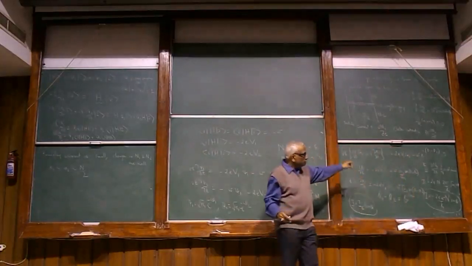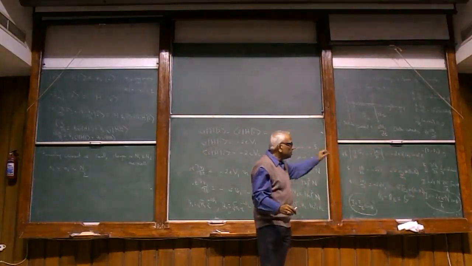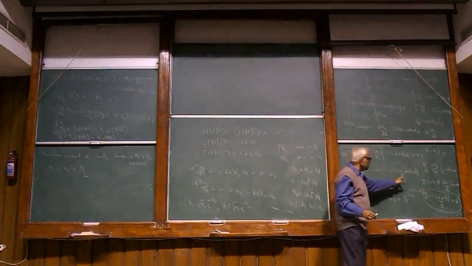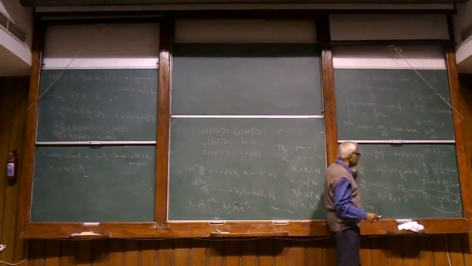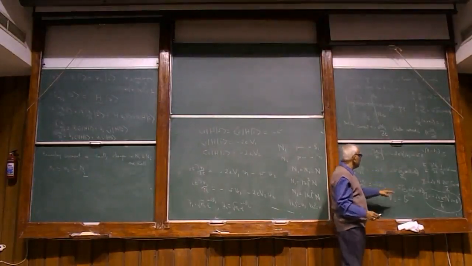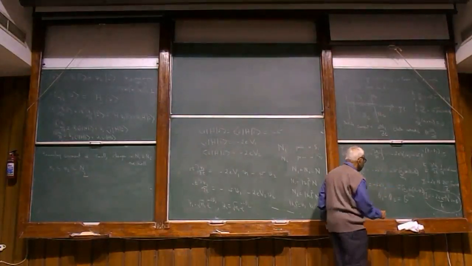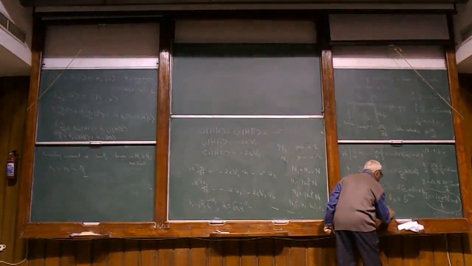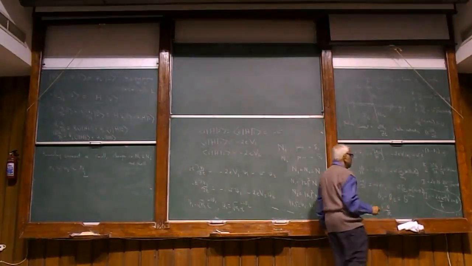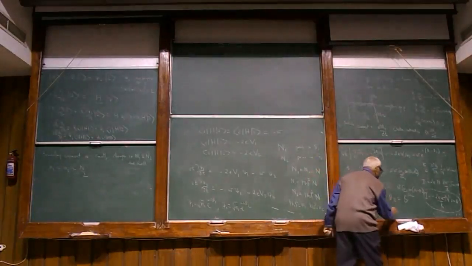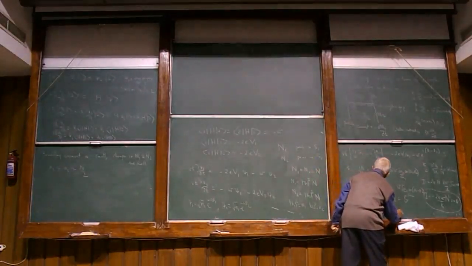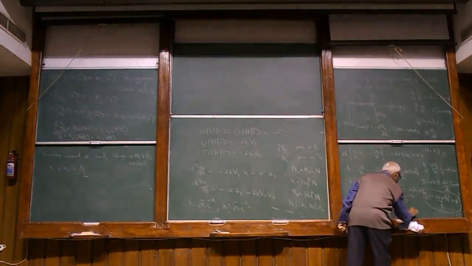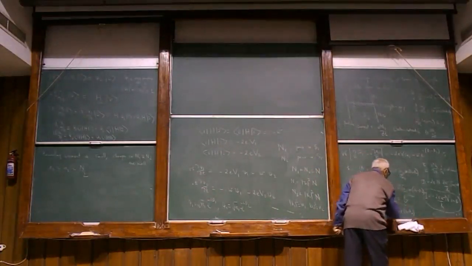In the approximation that N1 and N2 are very nearly equal, if I subtract these two, this is going to cancel out, and you have h bar del theta del t, the rate of change of phase, equal to minus 2E times the voltage difference V1 minus V2.